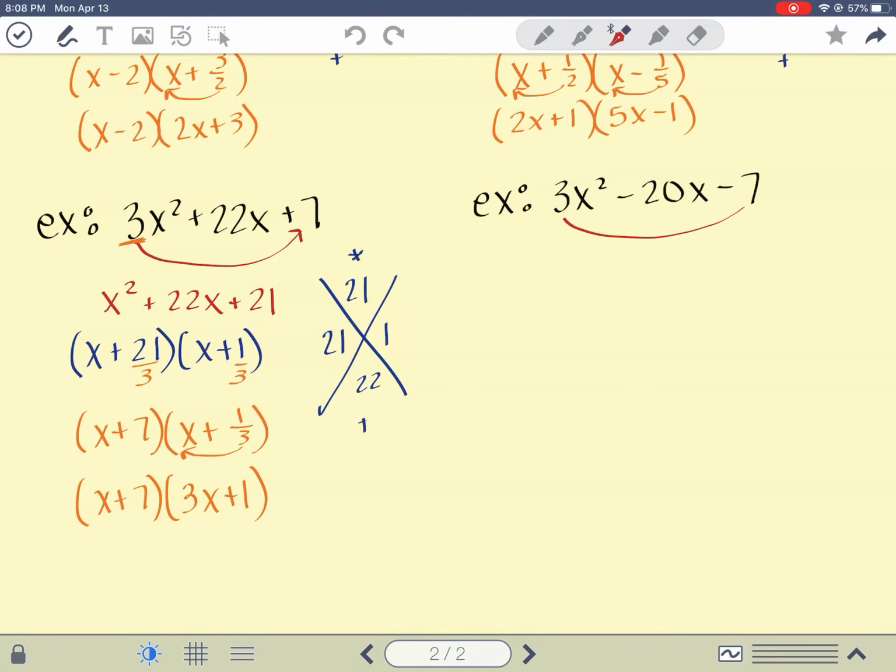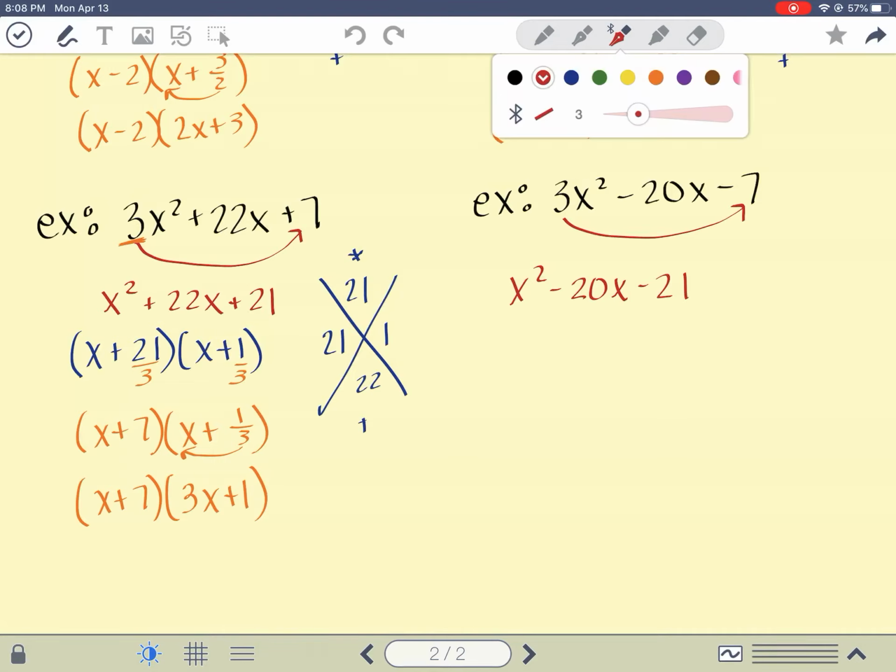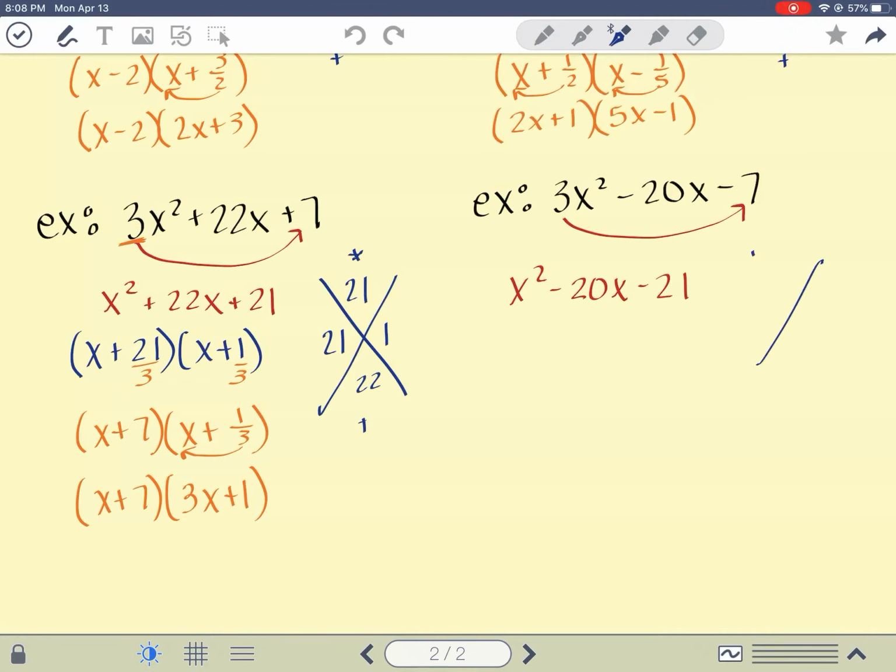We've got one more that we are going to do our slip and slide on. Slip that 3 to the back: x squared minus 20x minus 21. Use the normal x method. We are going to multiply to a negative 21 and add to a negative 20.